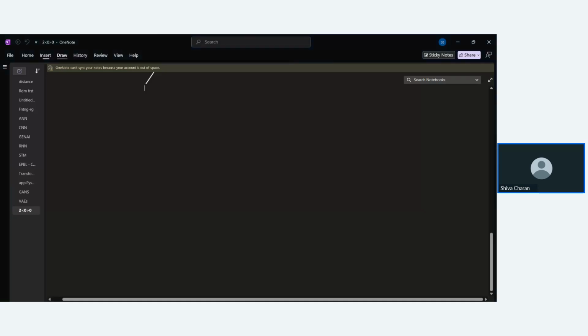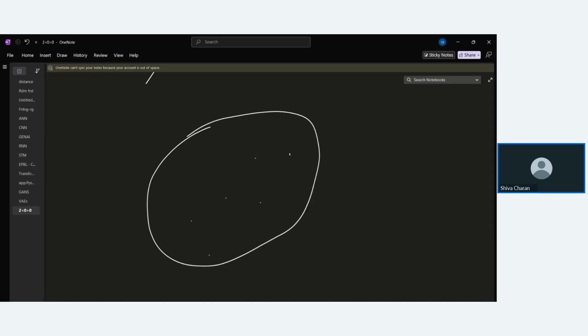Let's say this is the whole region, and in the region we'll have all these dots. You can consider each one an availability zone, written as AZ. This is how it will be.